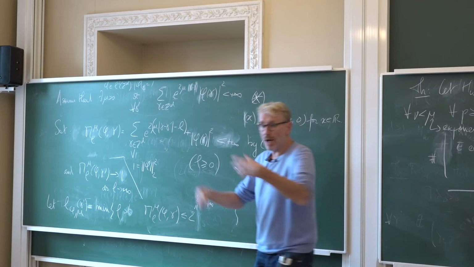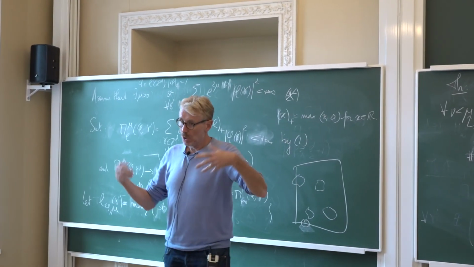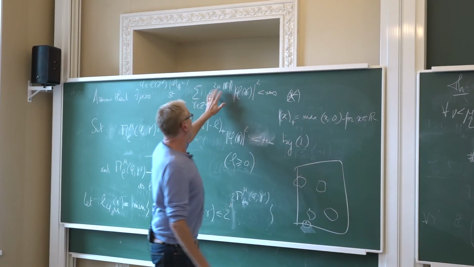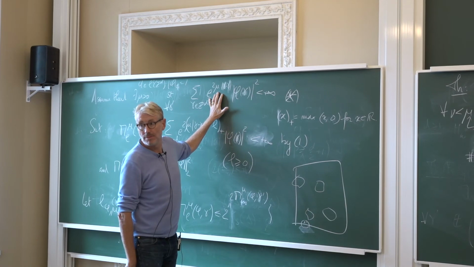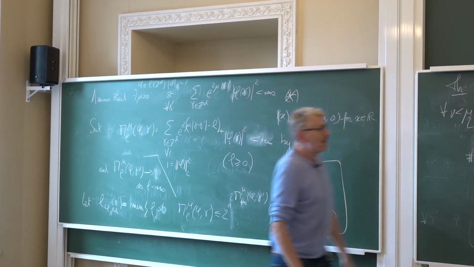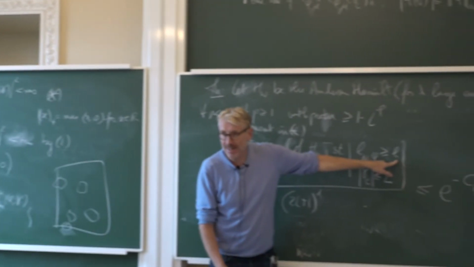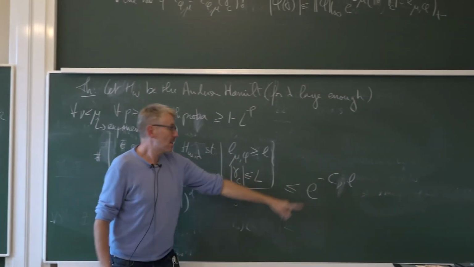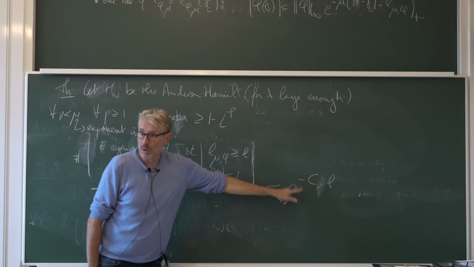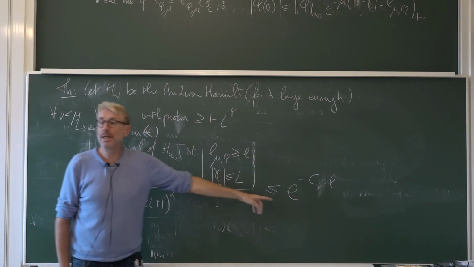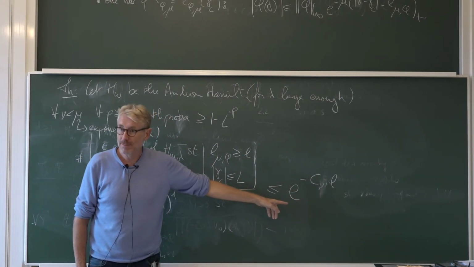So you know you have some localization property with a rate mu. Then to have a large localization length is very unlikely with a good probability, meaning that you have very few of them.